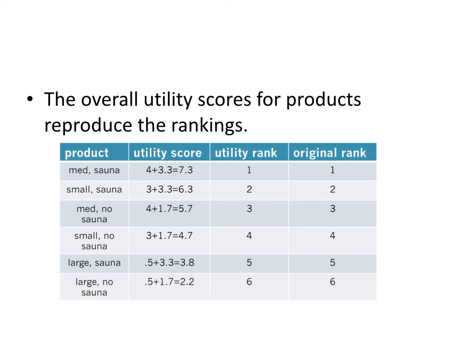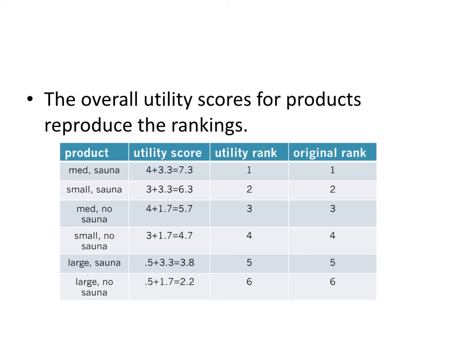So this table shows those utility scores, and if we add the utility for each attribute level to come up with an overall product utility, and then rank those in order, you can see that the utility rank reproduces the original ranking of products.